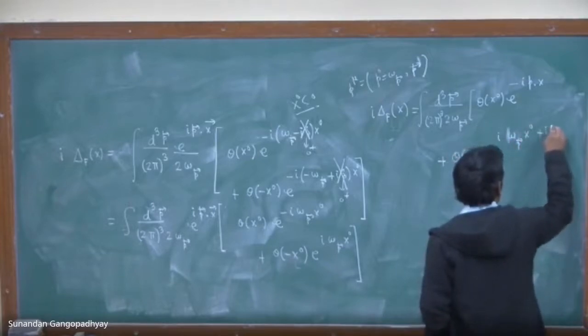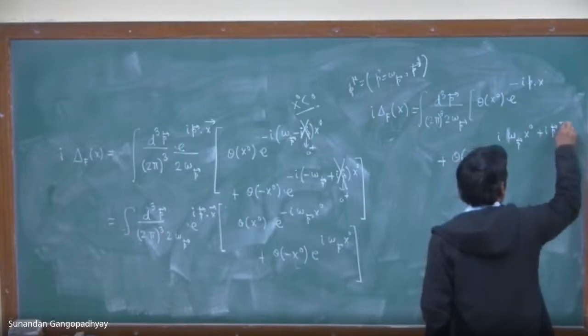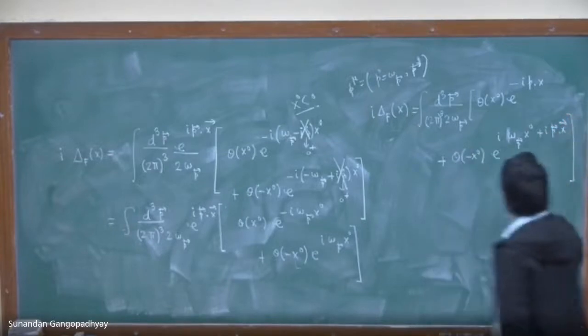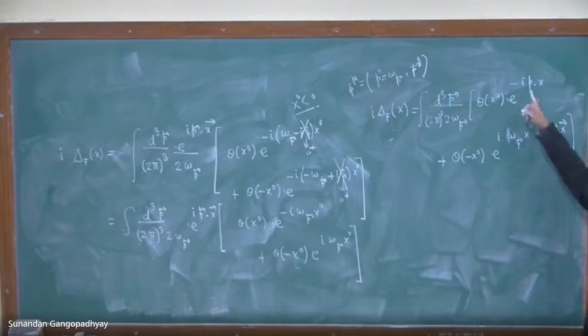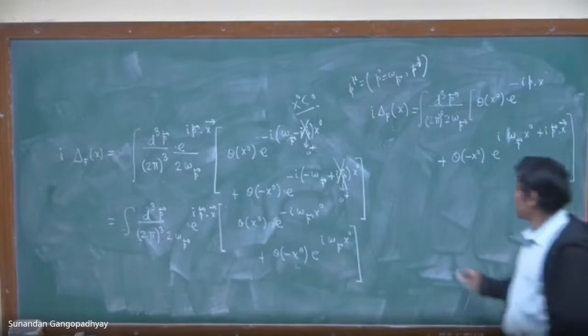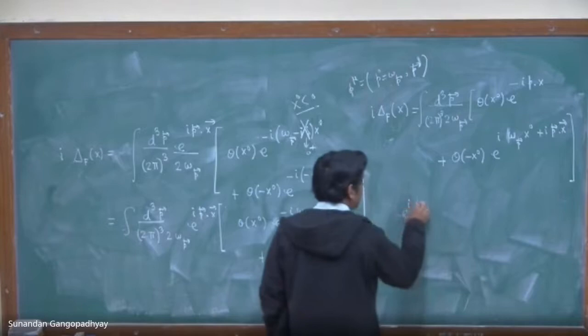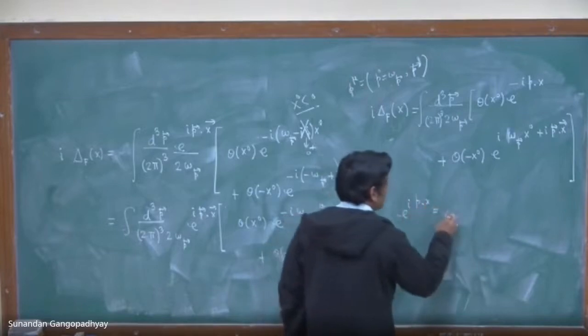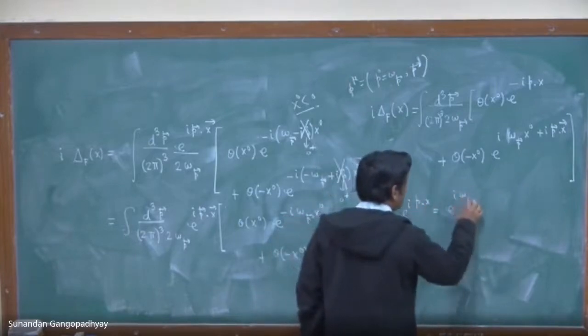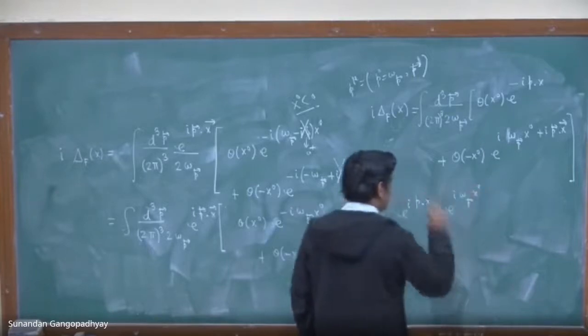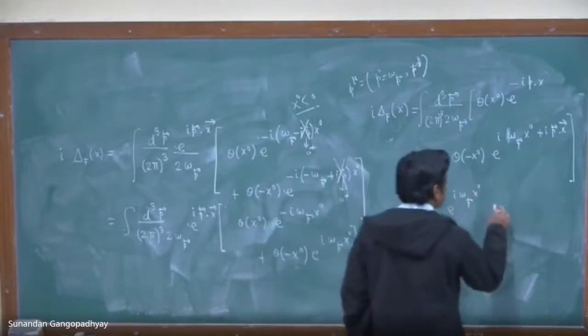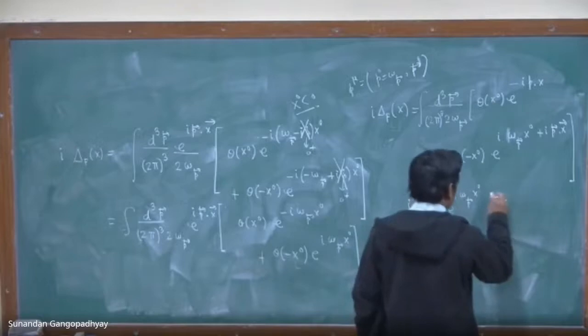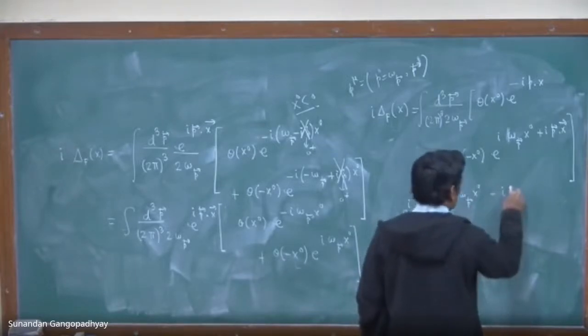See, this term you will not be able to combine as I p dot x, because what is e to the power of plus I p dot x? Plus I p dot x is I omega p x0 into, and this is minus I p vector dot x vector.